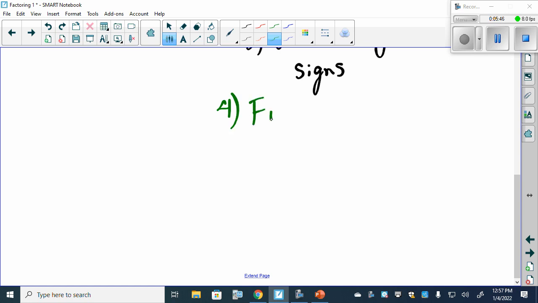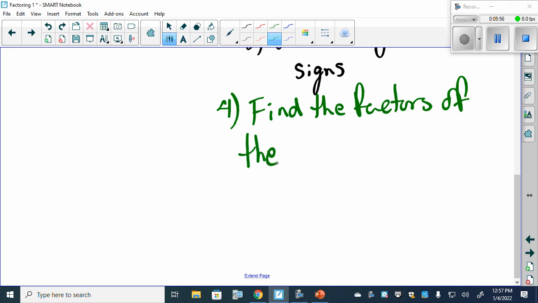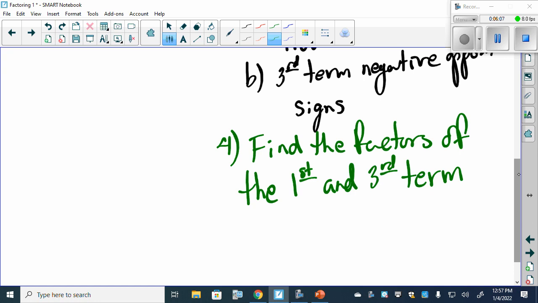Our next step, the fourth step, is to find the factors of the first and third term.